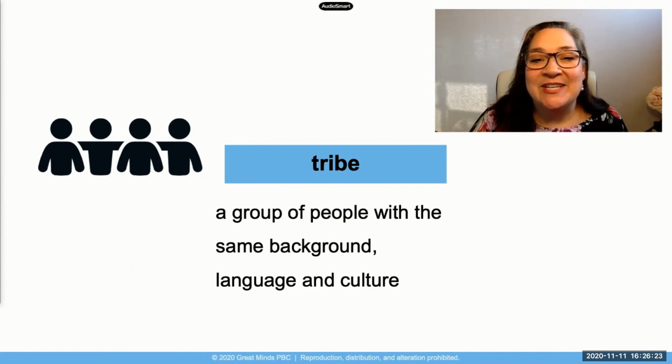Let's read the definition. The definition of tribe is a group of people with the same background, language, and culture. So the icon helps me remember that tribe is a group of people together that share a background, language, and culture.